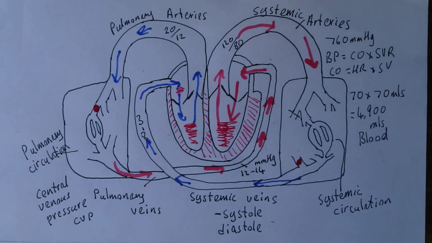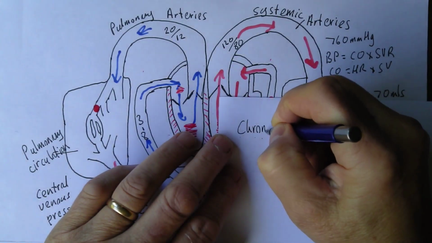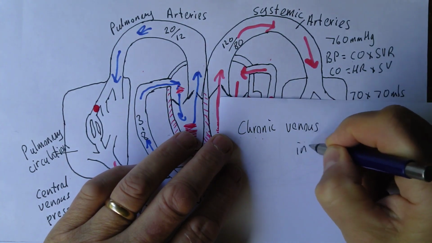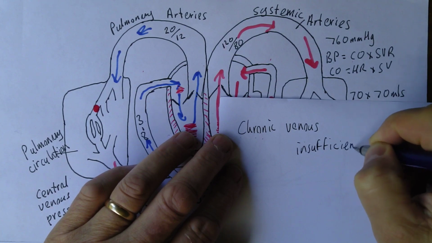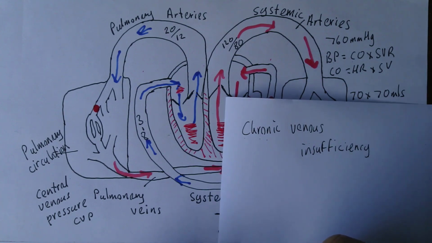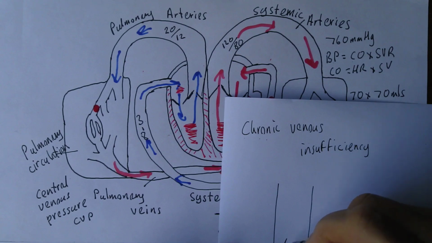Now another condition that we can get affecting the systemic veins is chronic venous insufficiency. Now I'm not going to deal with this in great detail because it's dealt with in other places, but you know that veins have valves in them to ensure the one-way flow of blood.